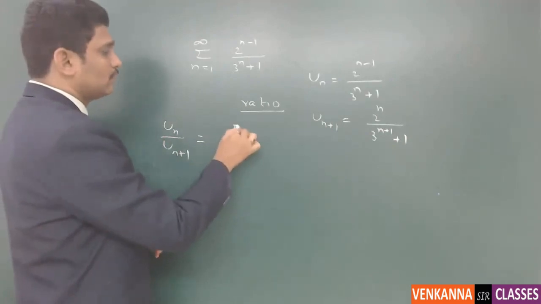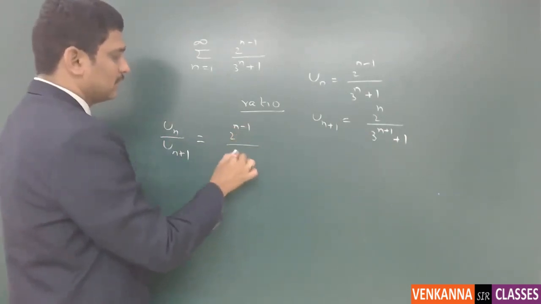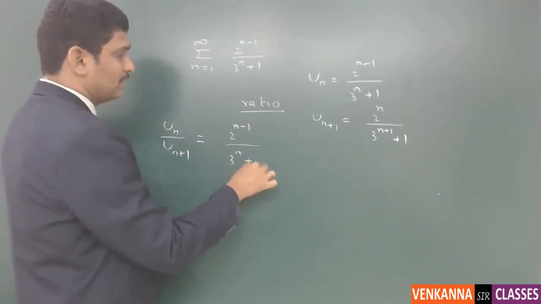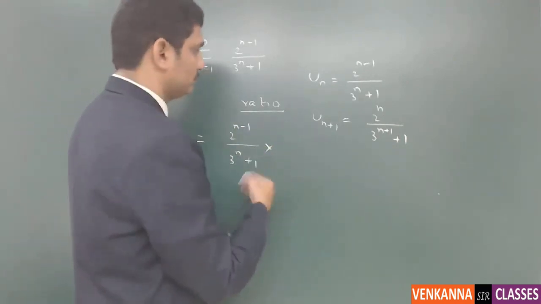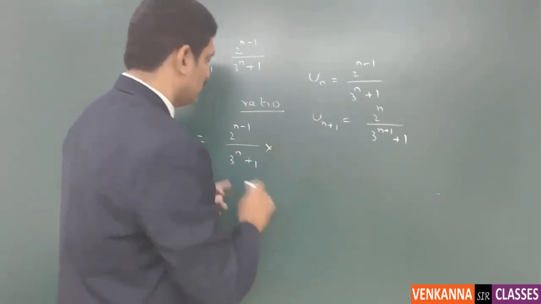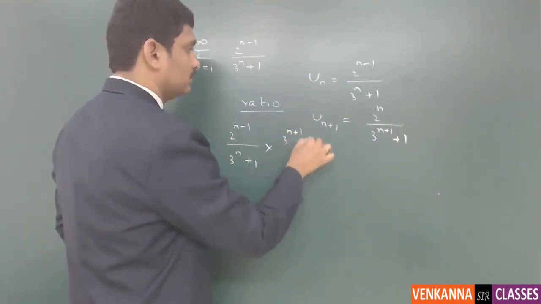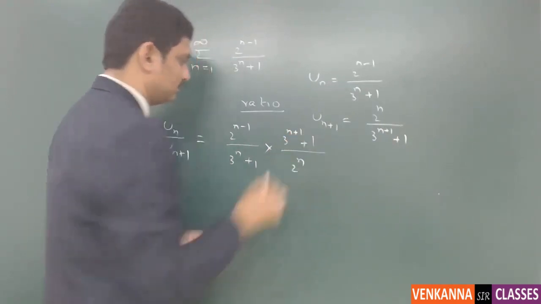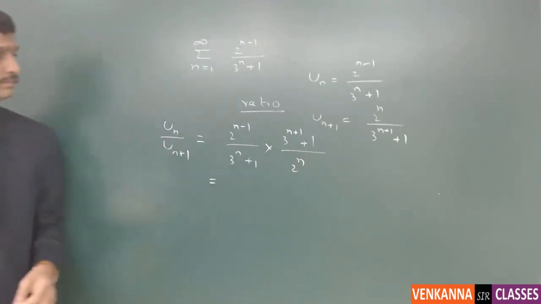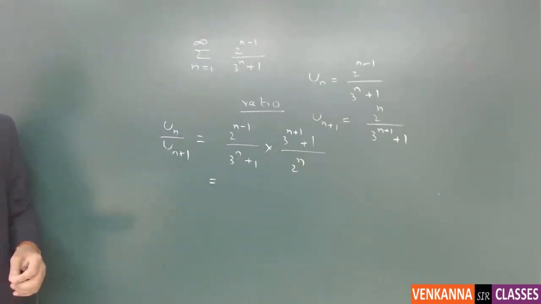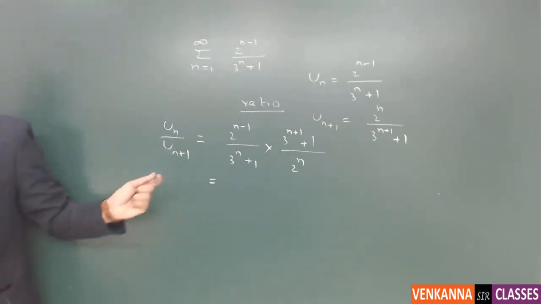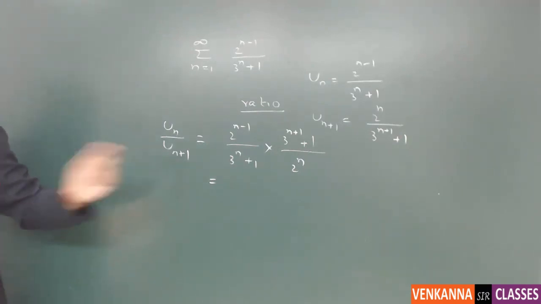Equals 2 power n minus 1 by 3 power n plus 1 into. Now you are going to take the terms as common here.